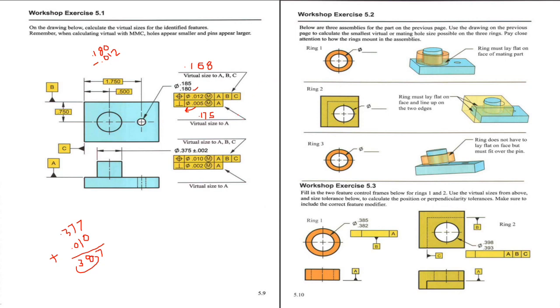The virtual size is 0.387 here. Then for here, with this perpendicularity tolerance, the virtual size would be 0.375, 0.377.